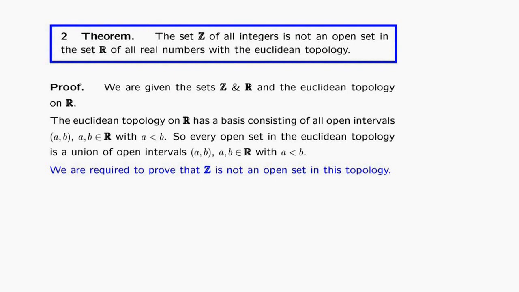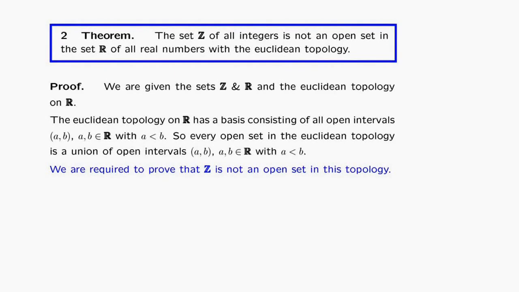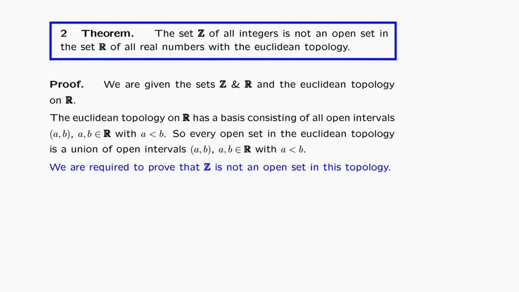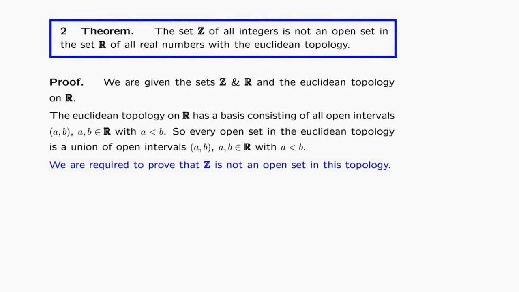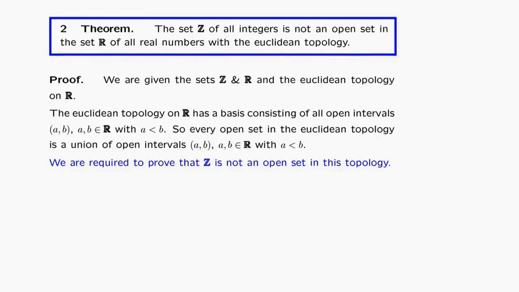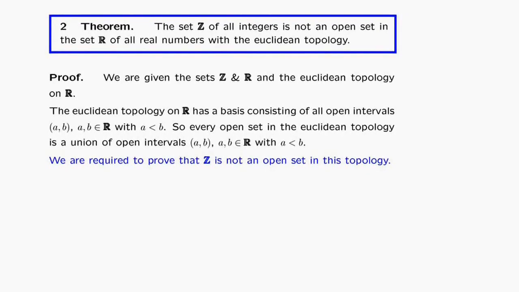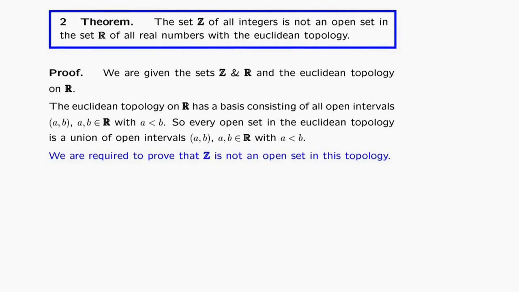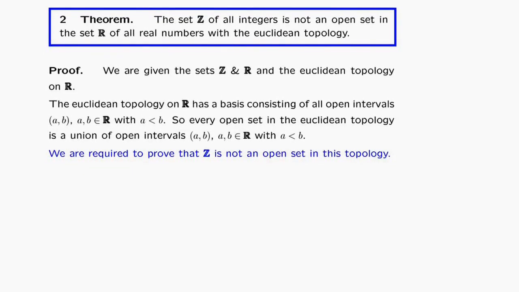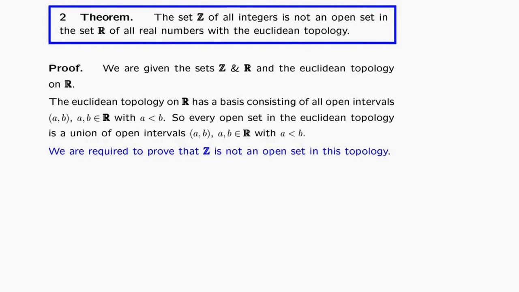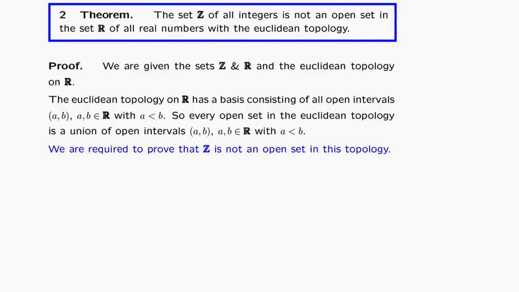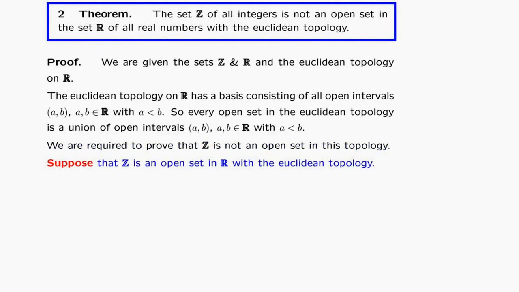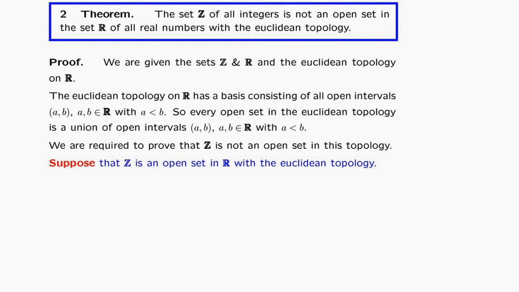Next, we write down what we are required to prove. Here, we are required to prove that Z is not an open set in this topology. We shall use proof by contradiction. As usual, we begin by supposing the negation of what we are asked to prove.